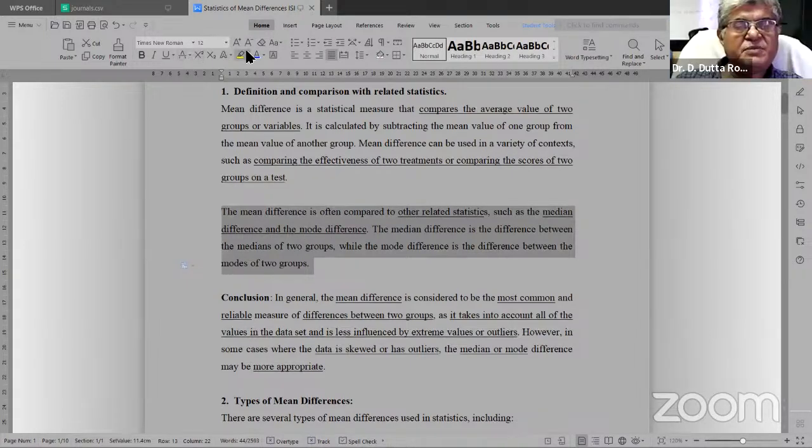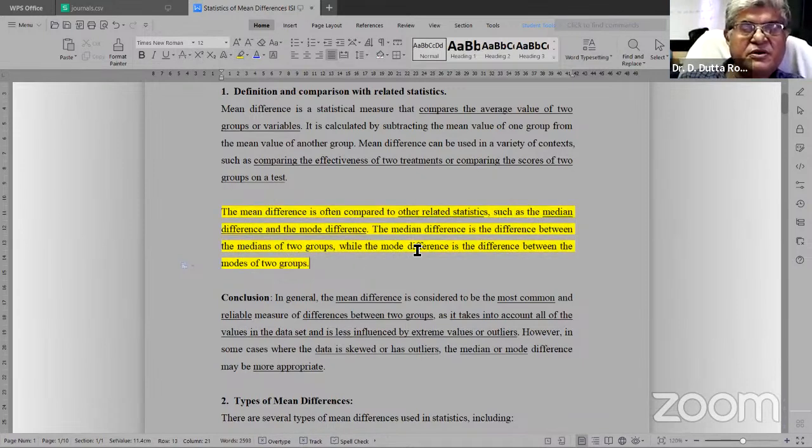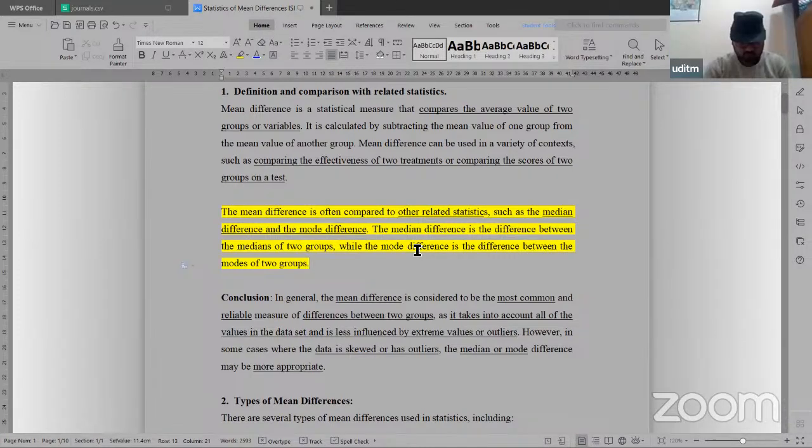And please give importance to the effect of a certain independent variable on the dependent variable, in case of this mean difference.